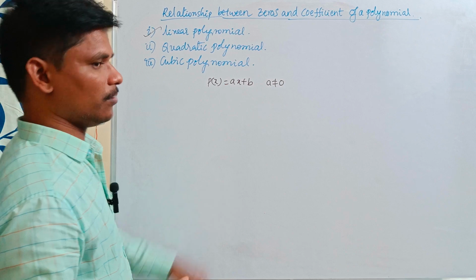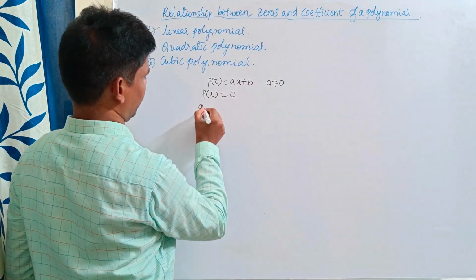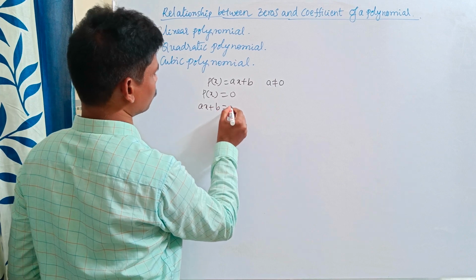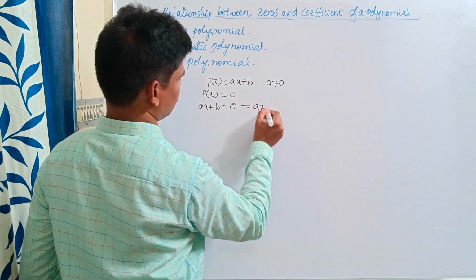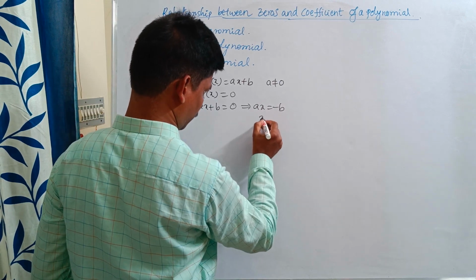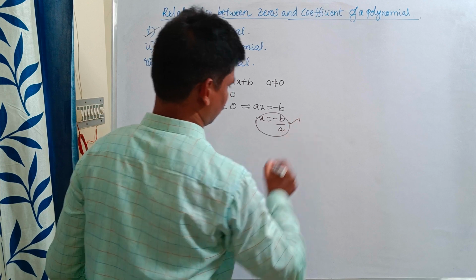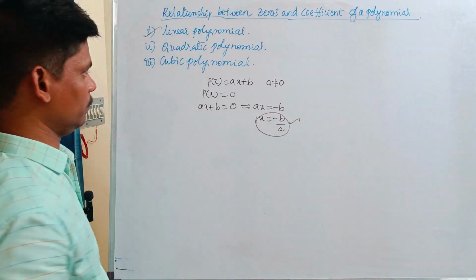What is the zero of this polynomial? p of x equal to 0, so ax plus b is equal to 0, ax is equal to minus b, x equal to minus b by a. So this is the zero of the linear polynomial.